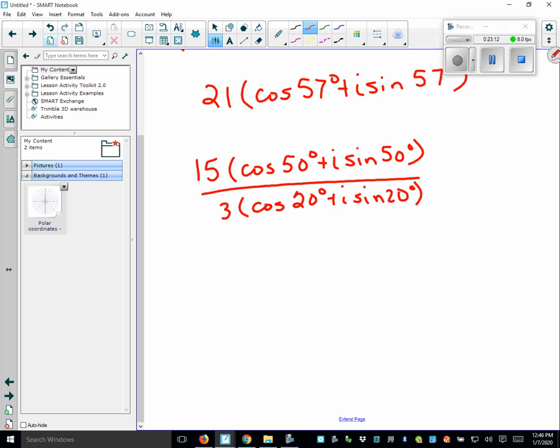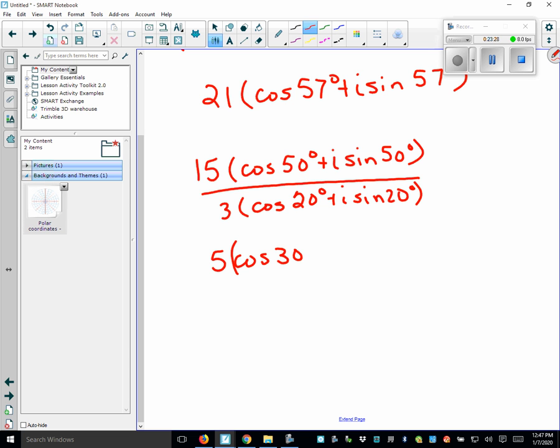So we divide the r's and subtract the angles, 5, and then you subtract 13 divided by 3 would be 5. You get cosine 30 plus i sine 30. Do you agree? I do.